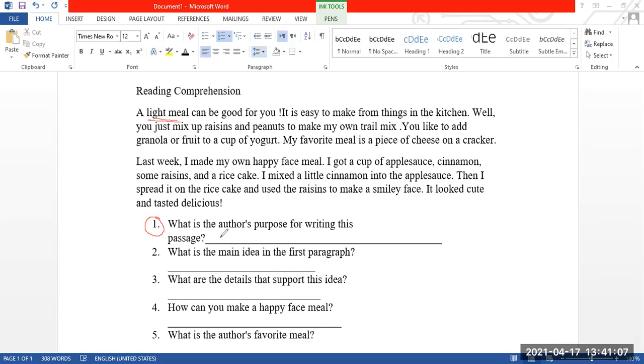Now, you remember that we have 3 purposes: to inform, to entertain, and to persuade. Could this one be to entertain? Well, I don't think so, because it's saying a light meal can be good for you. It's easy to make from things in the kitchen.